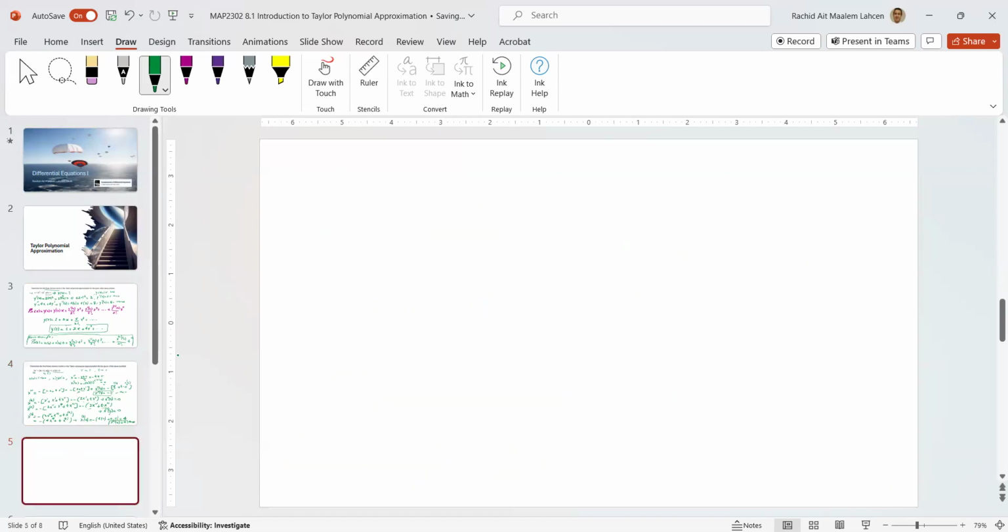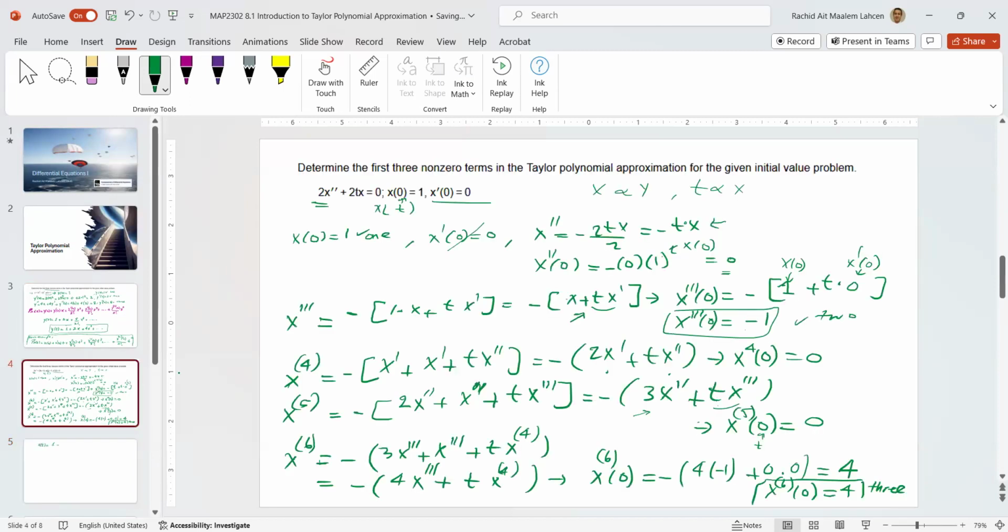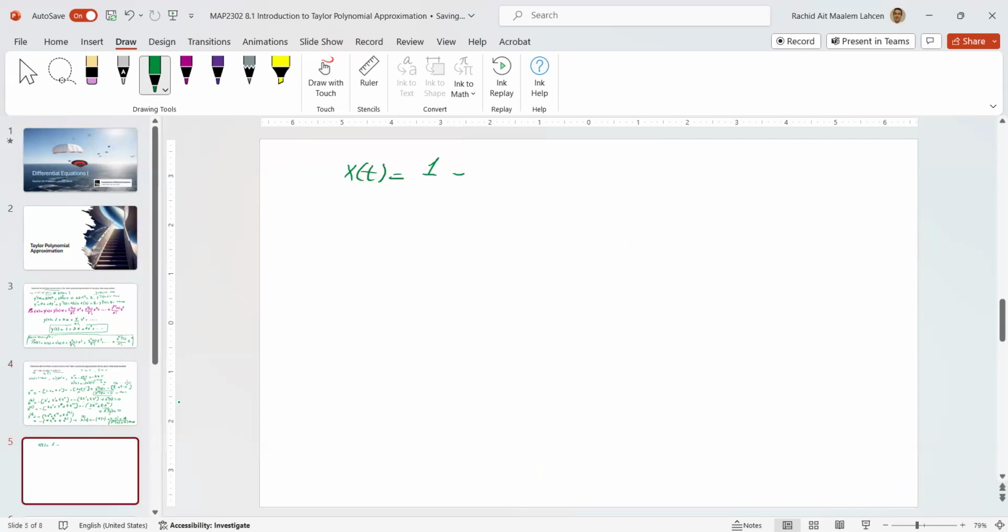So the solution is going to be x of t is 1 minus, I'll show you here, for the third one it is negative 1, so plus negative 1 over 3 factorial, which is 6, times t cubed. And we don't have any until we get to the sixth one.